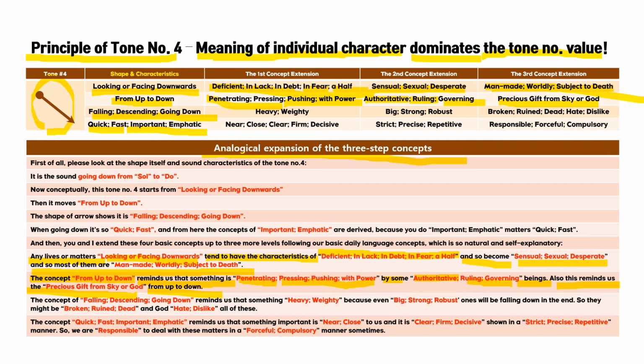So the next concept, the concept of falling, descending, and going down, reminds us that something heavy, weighty is falling, going down, because even big, strong, robust ones, heavy, weighty, will be falling down in the end.